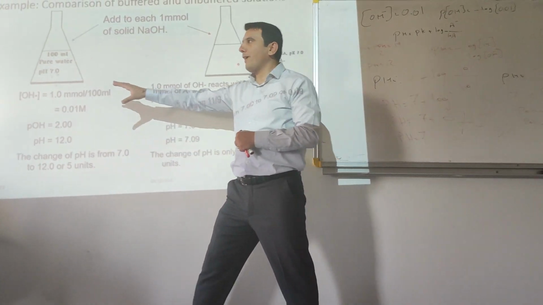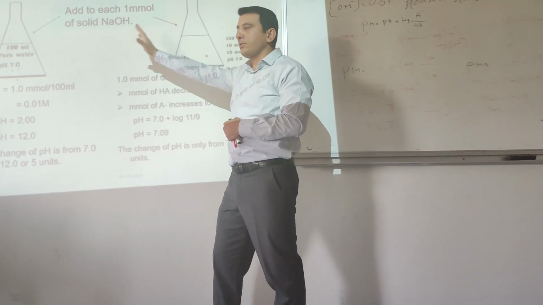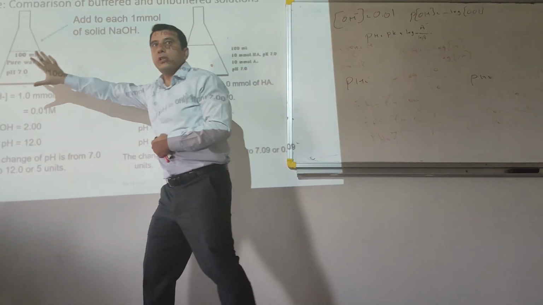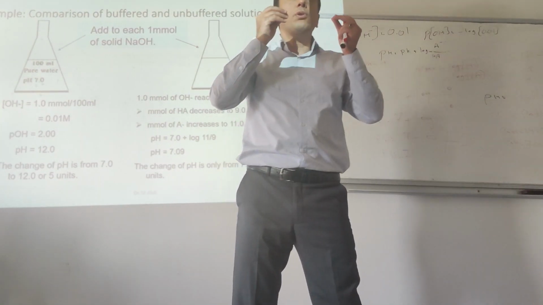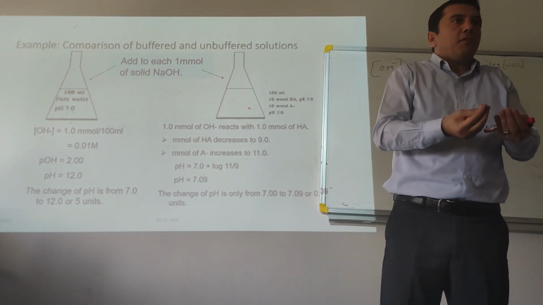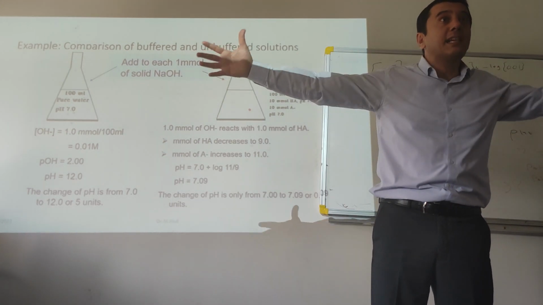Because we don't have a buffer in this solution. The main difference between these two solutions is that we have a buffer in one and we don't have a buffer in the other. We want to show you the importance of buffers in our body. Buffers in our body don't let pH change extremely.